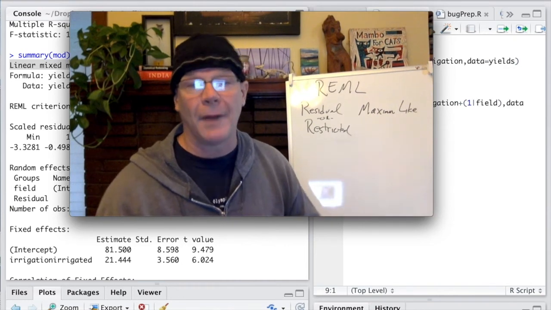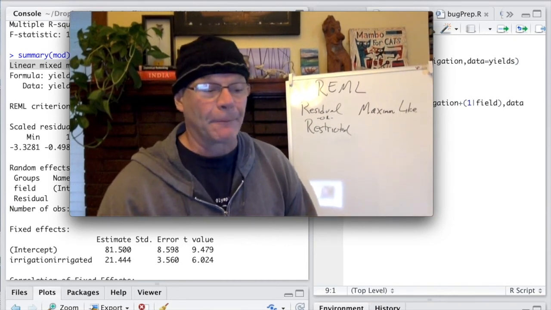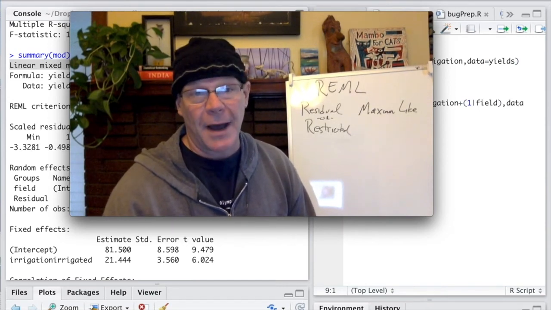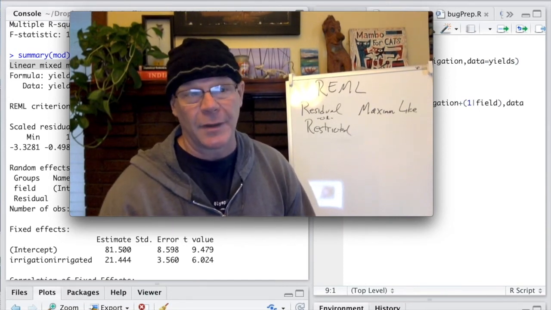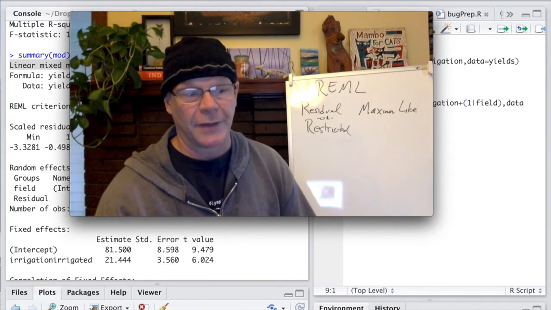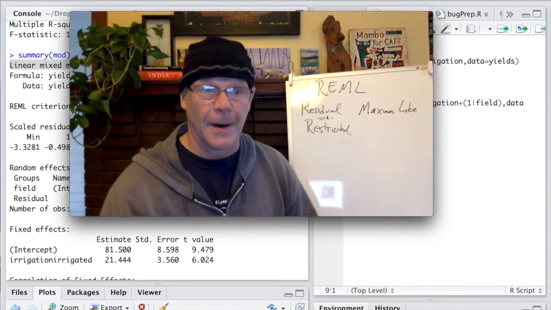And so why might we do that? We know that maximum likelihood estimates are always going to be biased. And they're going to be biased because the observed data is always going to be closer to the parameter estimates based upon the observed data than the true population data.